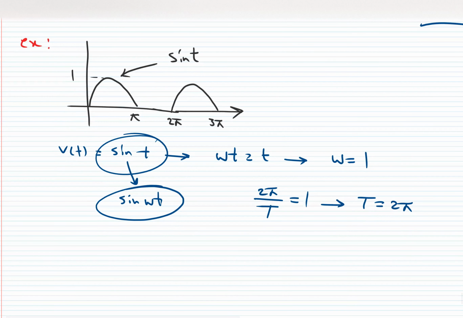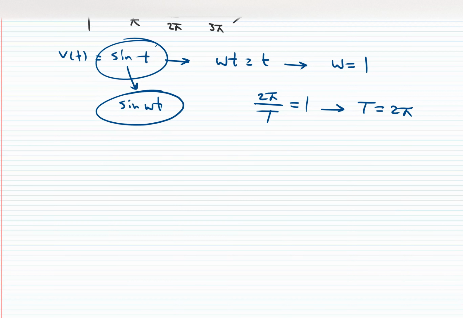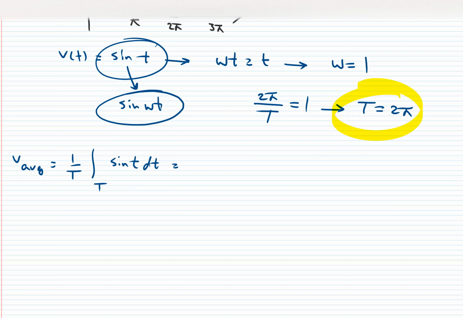Okay, now we continue after finding the period, which is 2 pi, which we needed. We start calculating the average. The average is equal to 1 over T integral of sine of t dt, which is equal to 1 over 2 pi integral from 0 to 2 pi of sine of t dt. 0 to 2 pi is one period.